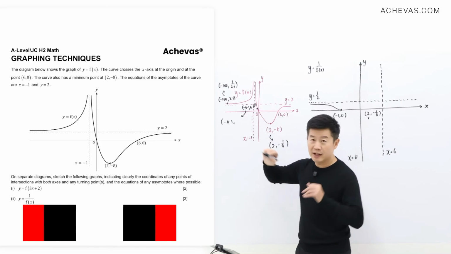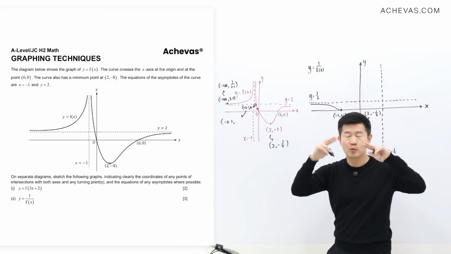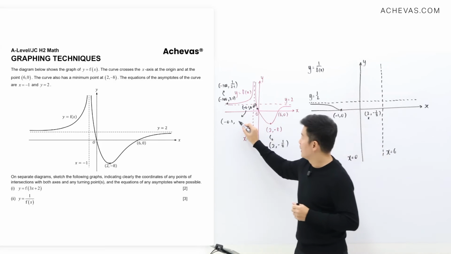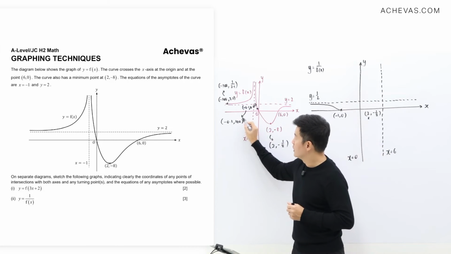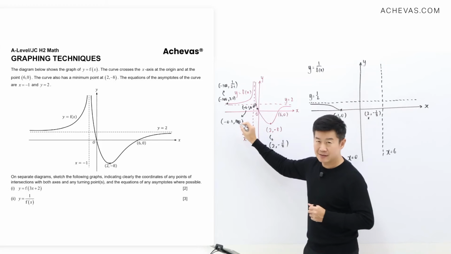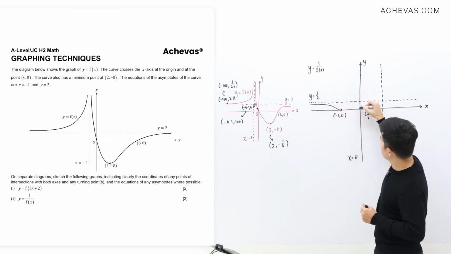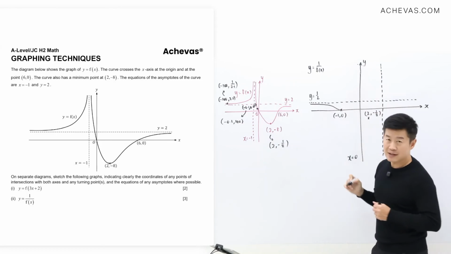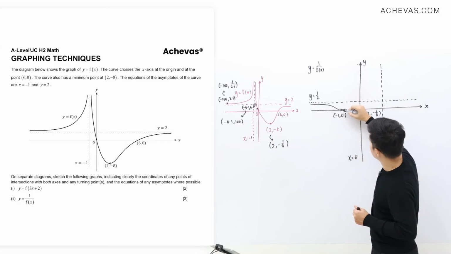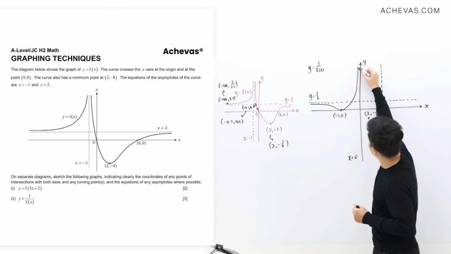And for the y coordinate, it will be reciprocal, right? It will be 1 over 0.01 and it will be 100. So I'm going to try to sketch a point that is simulating this here, negative 0.1 and 100, maybe somewhere here. So now I can join this to that point. So from here, we will just go all the way up.